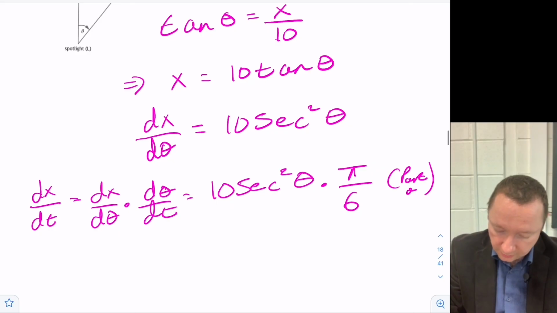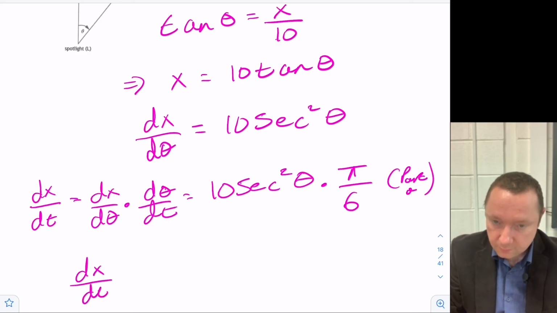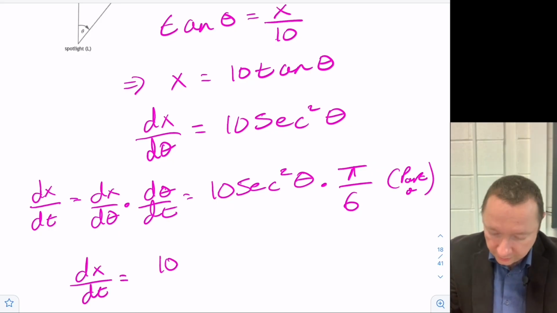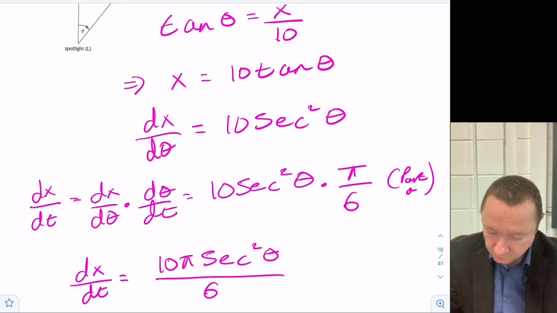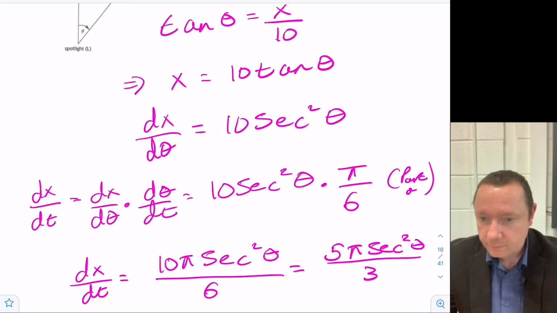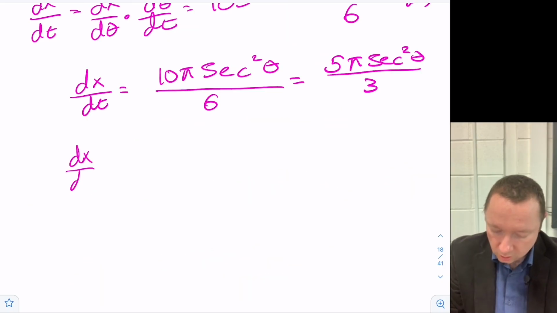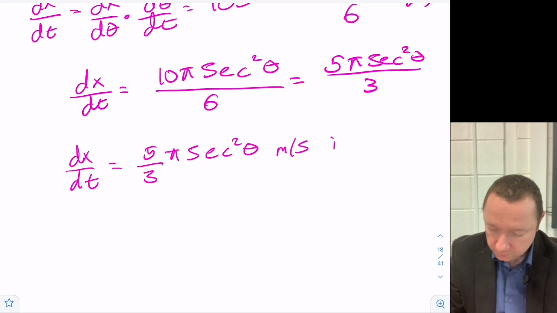So dx by dt is 10 pi sec squared theta over 6, which is 5 pi sec squared theta over 3. So dx by dt is 5 over 3 pi sec squared theta metres per second, is proved.